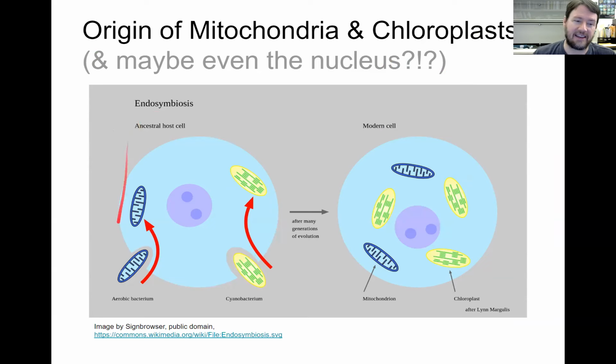And this is the idea that a long time ago, before there were eukaryotic cells, essentially, maybe a bigger cell, a predatory cell, engulfed an aerobic bacterium, and maybe later on engulfed a cyanobacterium, which is a photosynthetic bacterium, or maybe vice versa, I don't know.